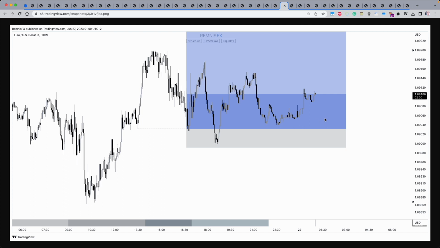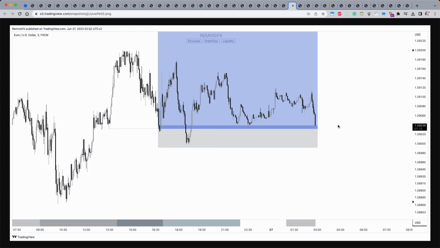But at some point I basically set some alerts, right? Because I thought, well, if this low here is taken out, then price indeed may come to mitigate that one. So at that point I just set my alerts. And here, at 3 a.m., almost 2 hours later, my alert went off.